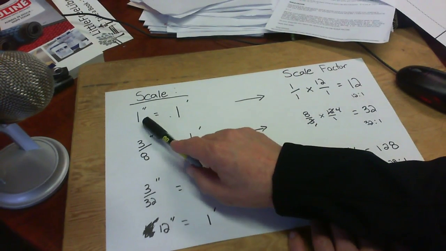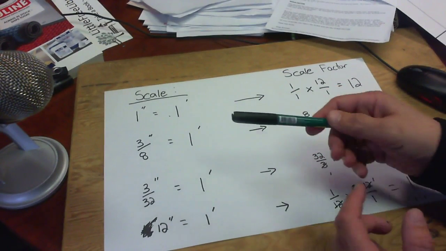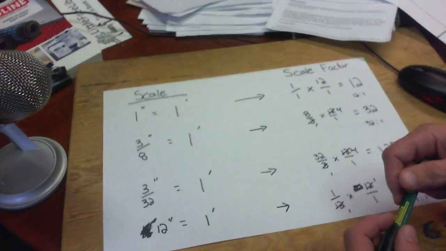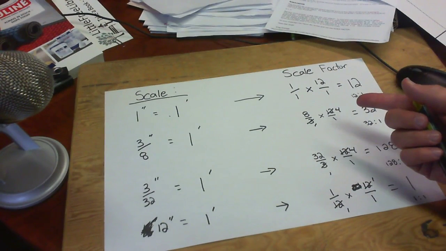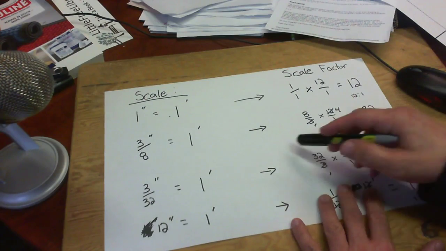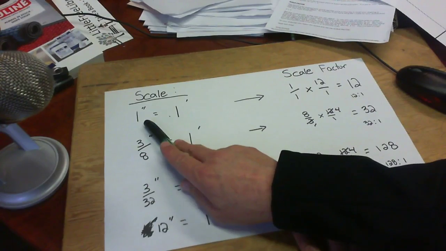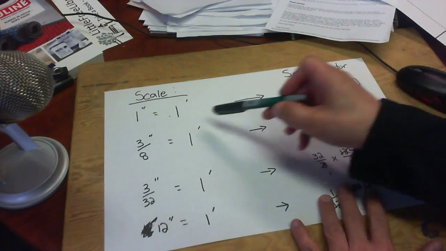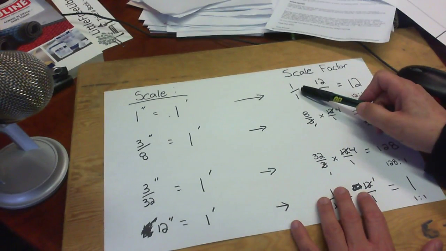So in scale, your 1 inch equals 1 foot. We know that. But how does that translate into what my drawing is relative to the size of my actual object? So there's something called the scale factor. And what we do with that is we take our scale fraction, and in this case it's 1. So 1 as a fraction is just simply 1 over 1.